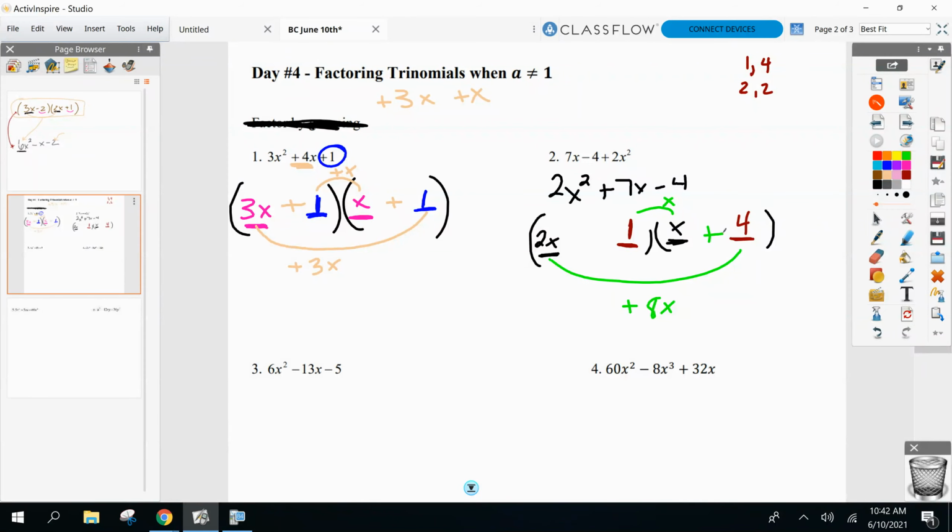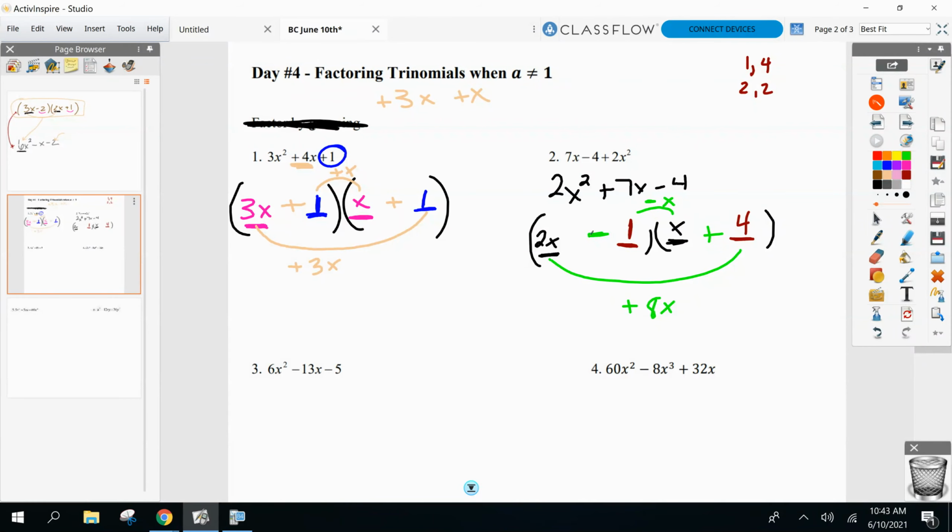That's what's going to give me positive 8x. And what does the x have to be to get to 7x? Negative. So if I want a negative x, where does the negative sign have to go? With the 1. 2x minus 1, x plus 4.